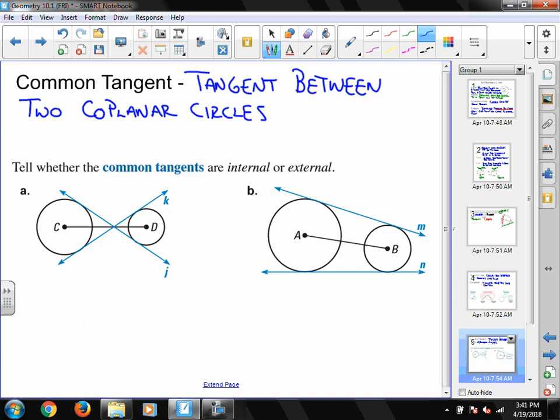So we're going to tell whether the common tangents are internal or external. Big thing here. Internal, the lines intersect.